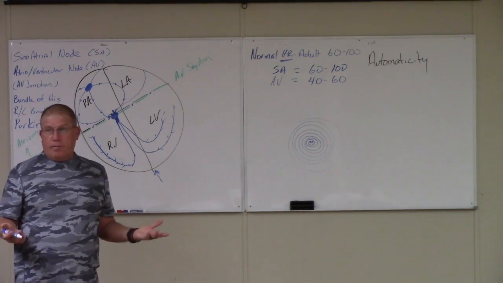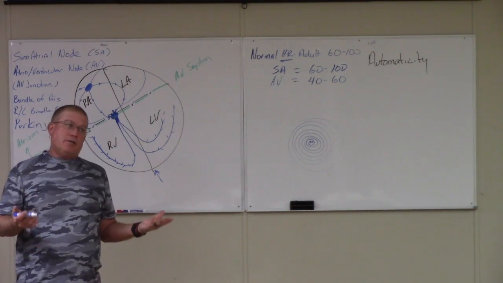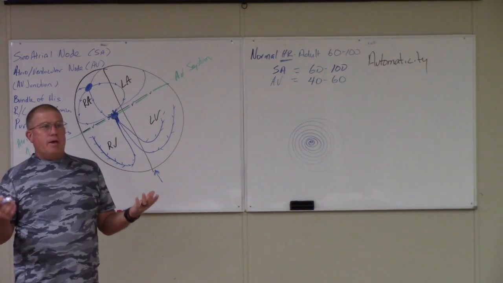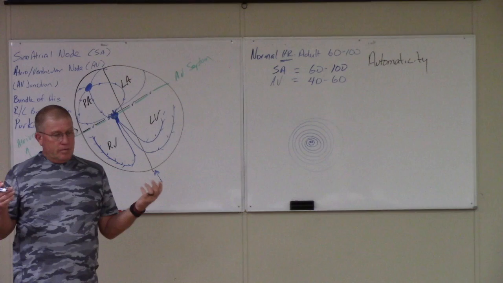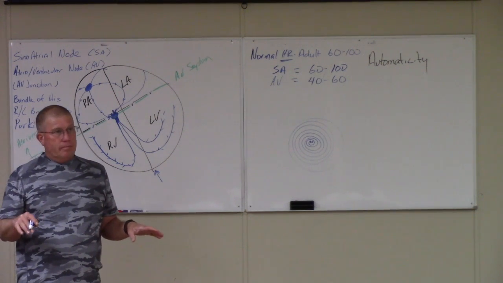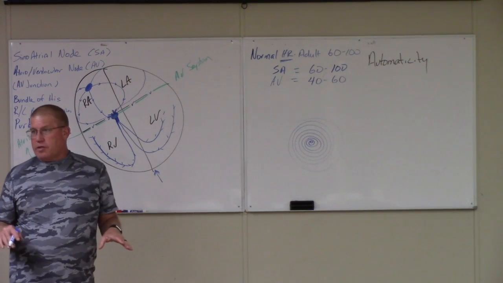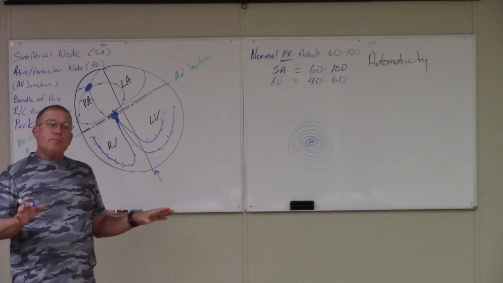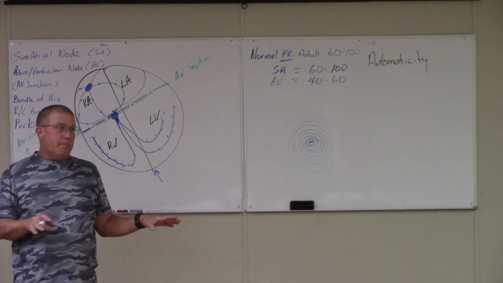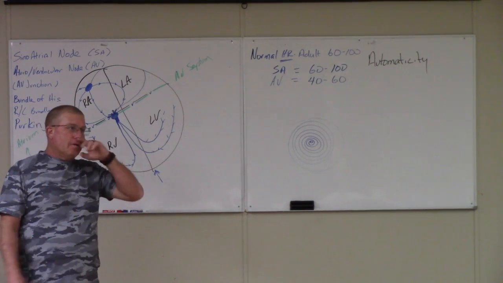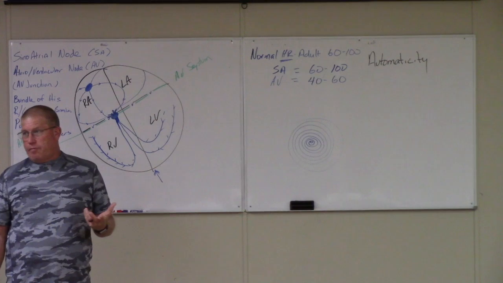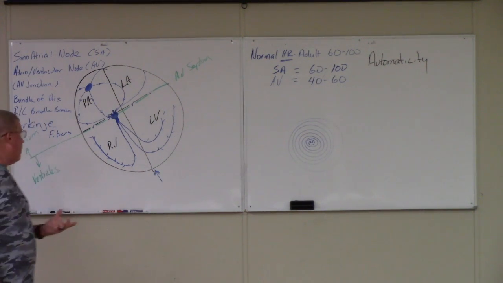Their breathing rate's going to be higher. They may be dyspneic. Okay? They may be hypoperfusing, with diminished LOC. They could potentially even have chest pain, depending on what's causing this. If it's a myocardial infarction that's causing this. Okay?